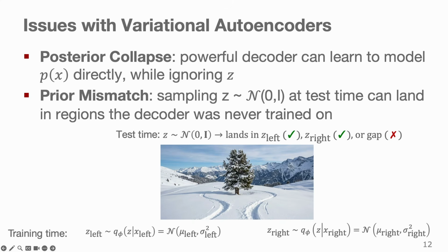The second one is a bit more subtle. It's what's called the prior mismatch. So imagine we have trained our model on these two modes of going either left or right, right? And this works beautifully. Now imagine that at test time, we sample a Z from our Gaussian prior that lands in the middle, in between left and right.